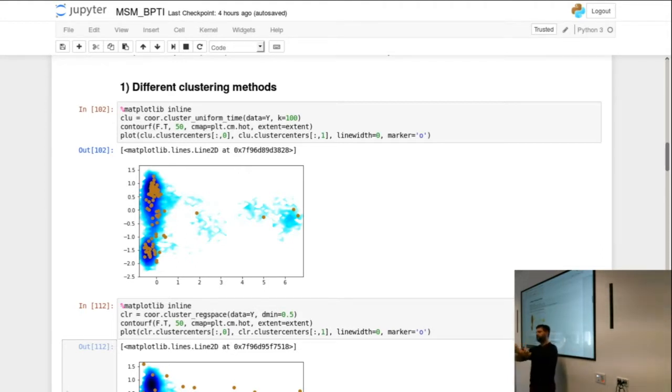But to obtain your MSM, you did the TICA analysis, which provides you with some sort of energy landscape along the most important coordinates. Would you get the same answer if you didn't do the TICA, if you just did the MSM without doing the dimensional reduction?